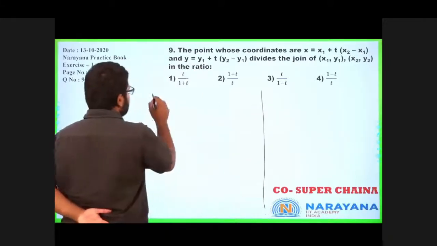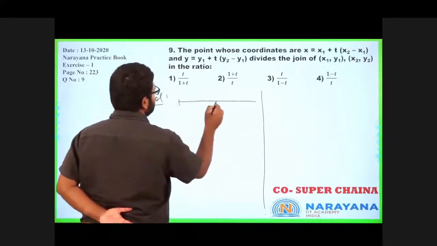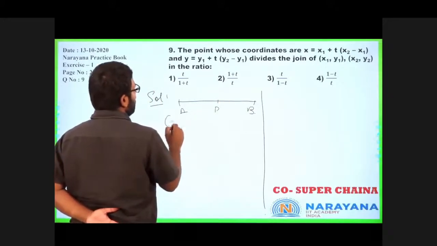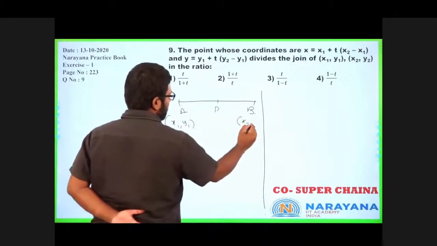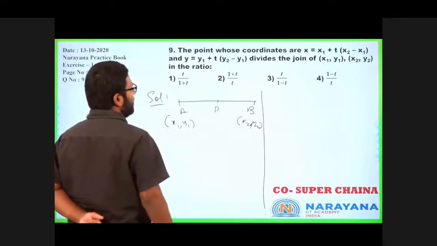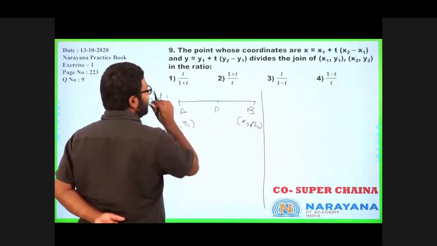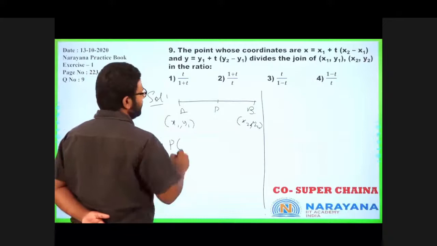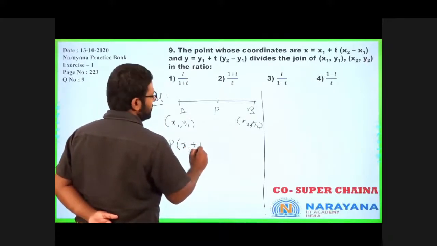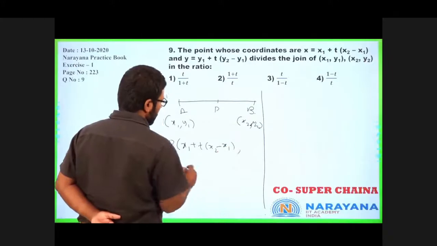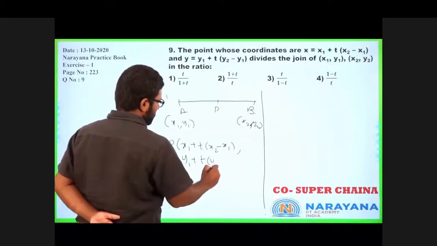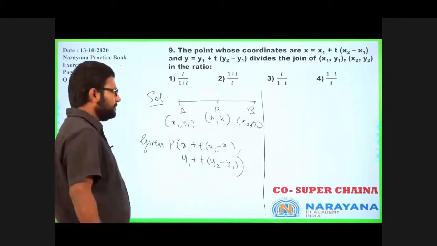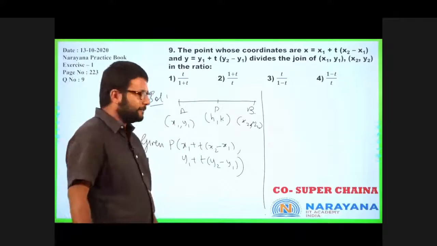So it is already mentioned that A is (x1, y1) and B is (x2, y2), and the coordinates of P are given: x1 plus t(x2 minus x1), y1 plus t(y2 minus y1), right? Let us call P (h, k). We need to figure out the ratio, correct?